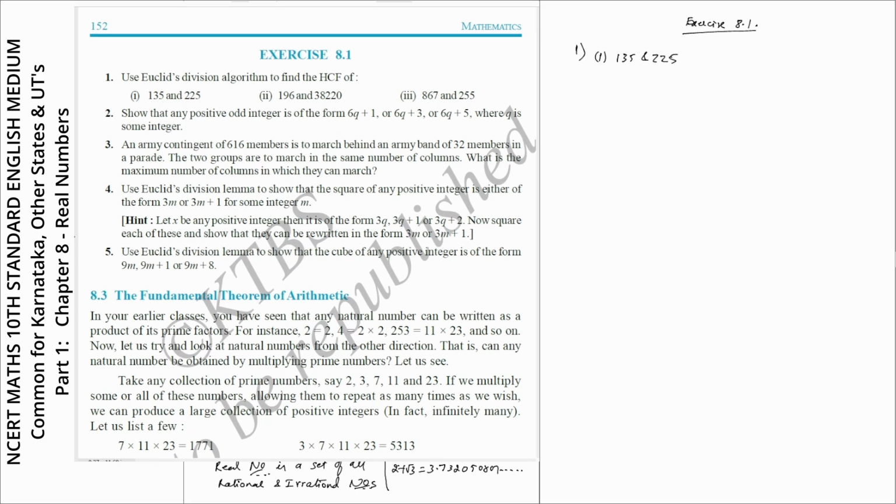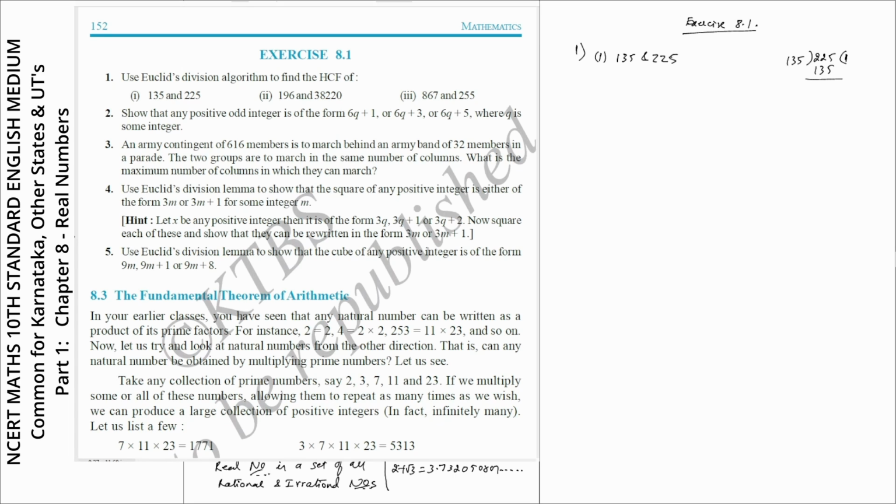Exercise 8.1, question number 1, sub question 1. Use the Euclid division algorithm to find the HCF of 135 and 225. So these are the two numbers. I'll divide the greatest number by the smallest number. So 225 I'll divide by 135. Now 135 into 1 is 135.